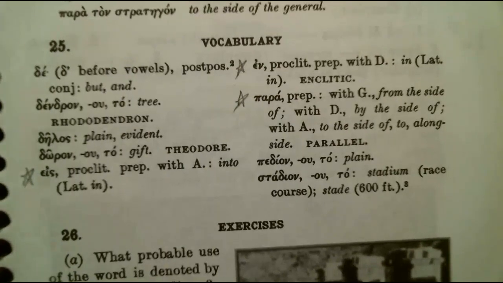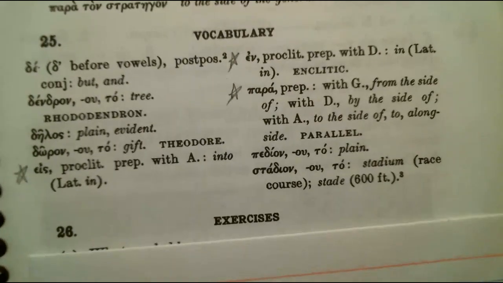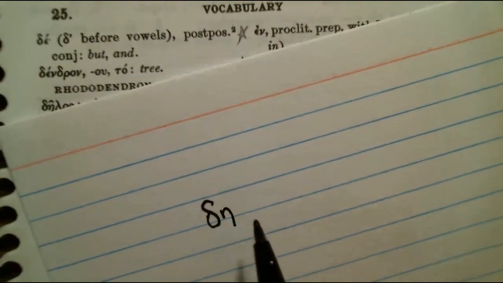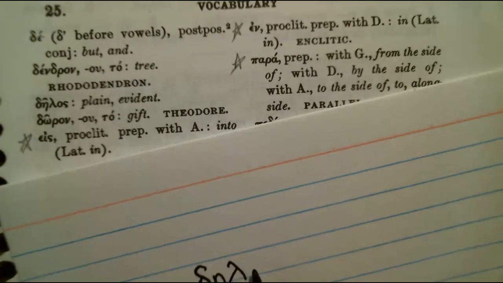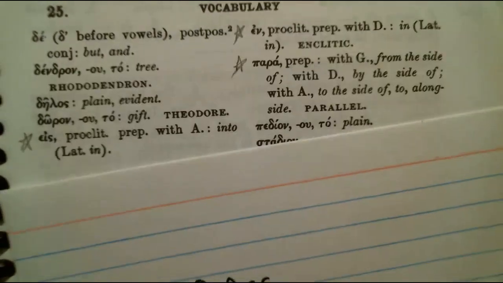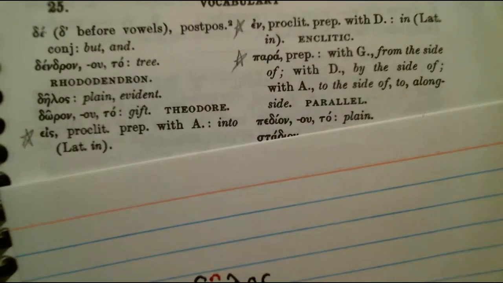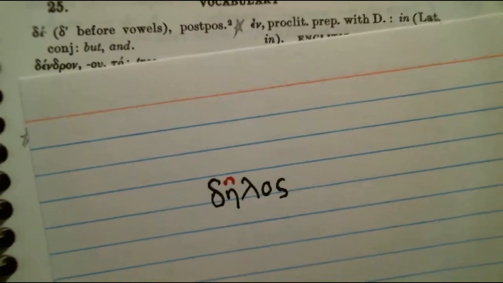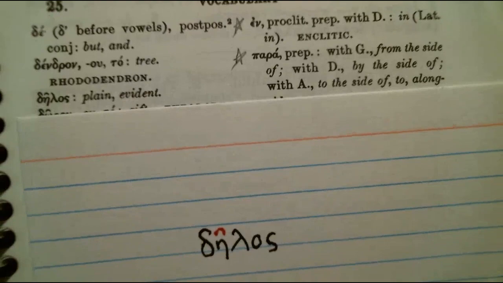Let me get a flashcard out here and I'll show you how to do it. All right. So you have delos. Now I use different colored pens for the accent because it's easy to overlook the accent, and that forces me to remember it better.